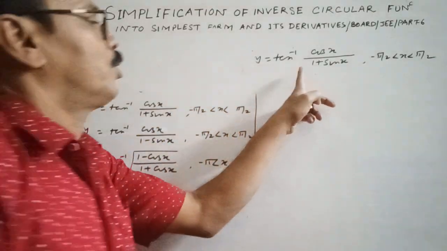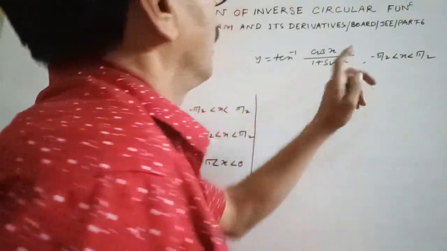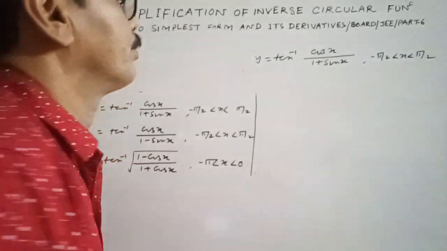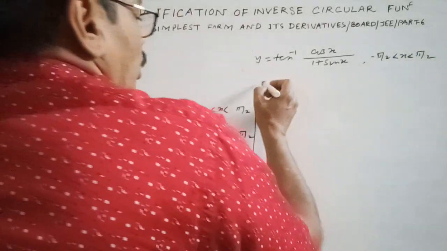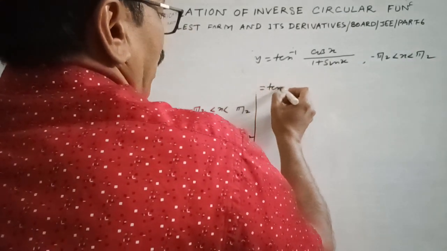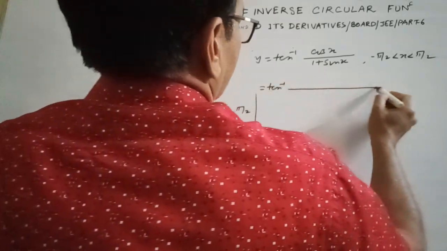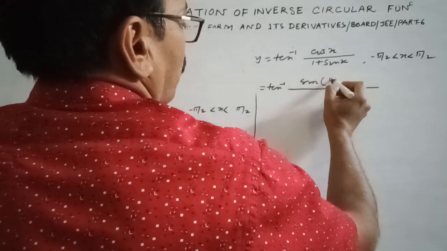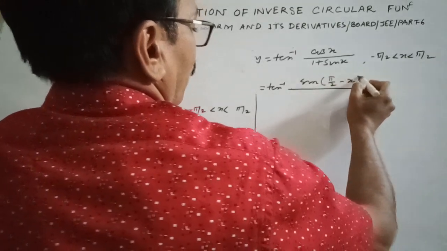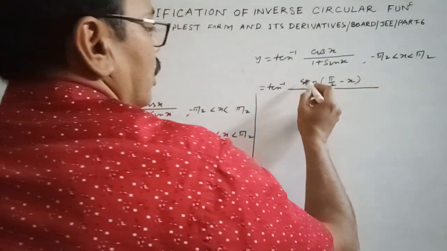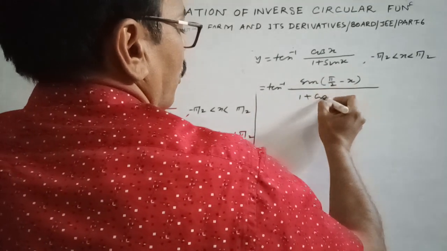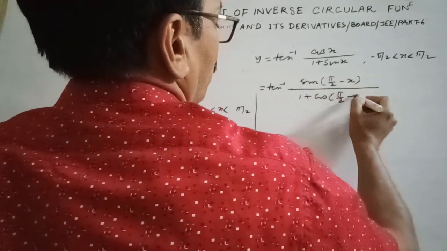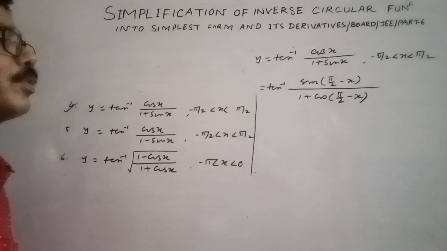Our main aim will be to express this argument in terms of tan. So look, you can write it as tan inverse of cos x, writing cos x as sin of (pi by 2 minus x), and 1 plus sin x as 1 plus cos of (pi by 2 minus x).